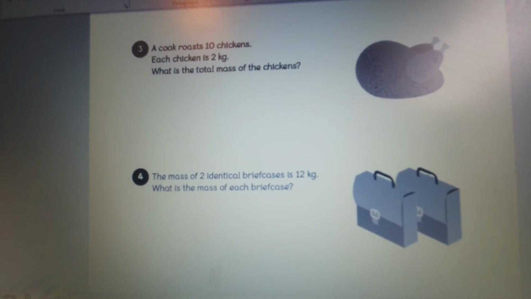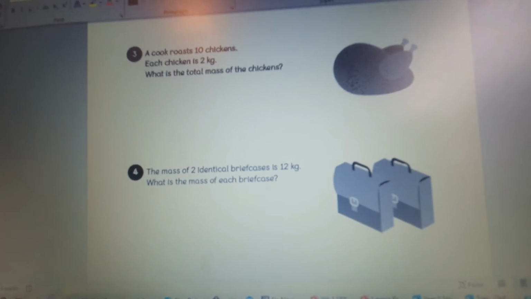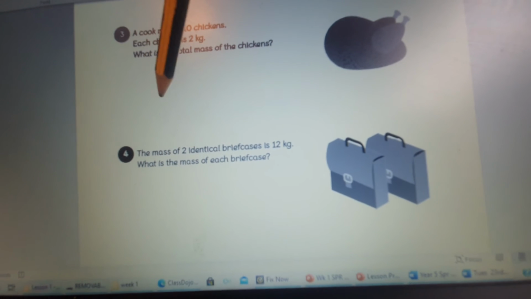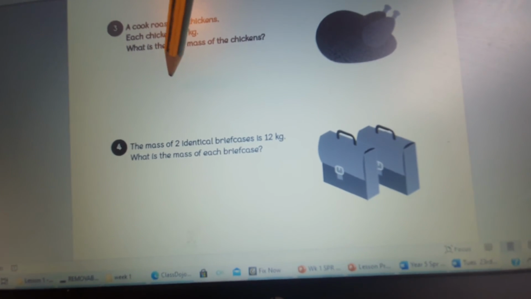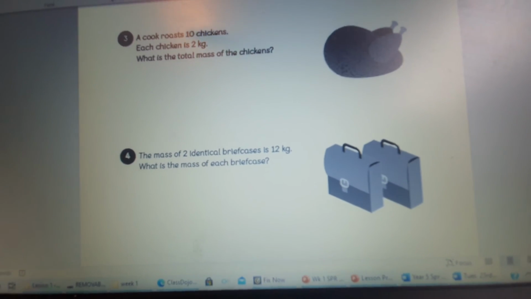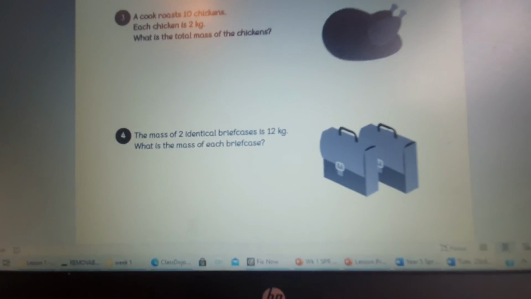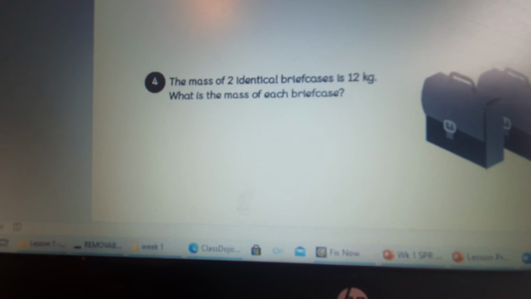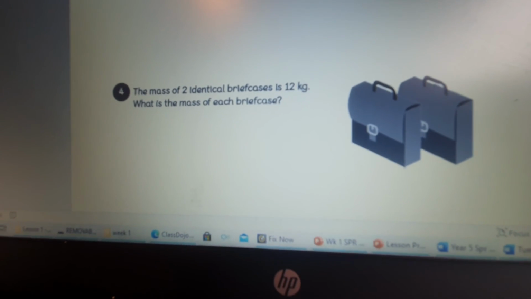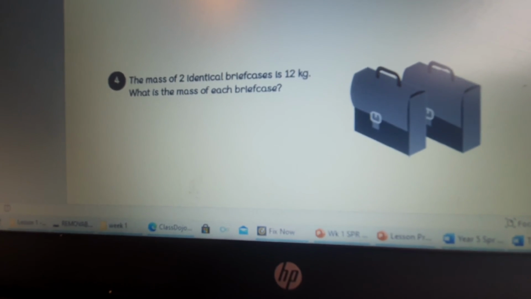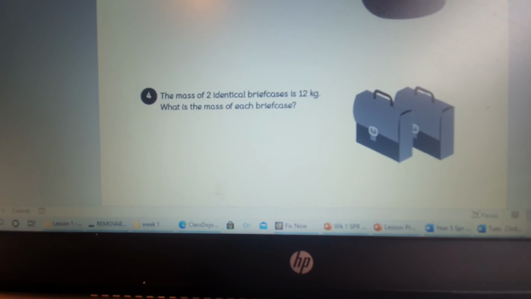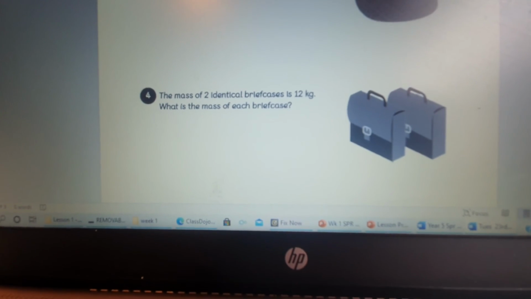So again, it's good to draw these out. You could draw 10 chickens. But we know each chicken is worth 2 kilograms. So how can we find the total for 10 chickens? Next one. The mass of 2 identical briefcases is 12 kilograms. So 2 cases is 12 kilograms. But what is the mass of each briefcase?